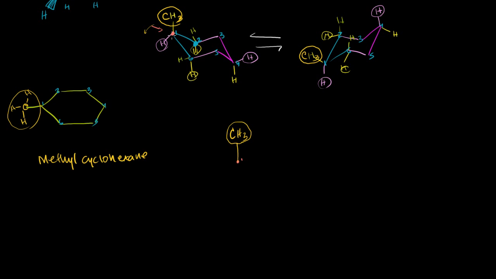And then in the equatorial position right here, you have this hydrogen. So let me draw that. So you have this hydrogen. And then over here, this bond right over here gets us to another CH2 group. So let me draw that like this. That's a CH2 right there, right? Or maybe I should circle it like this. This whole thing is a CH2.